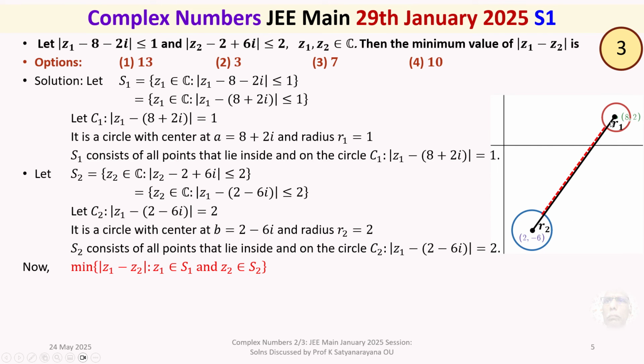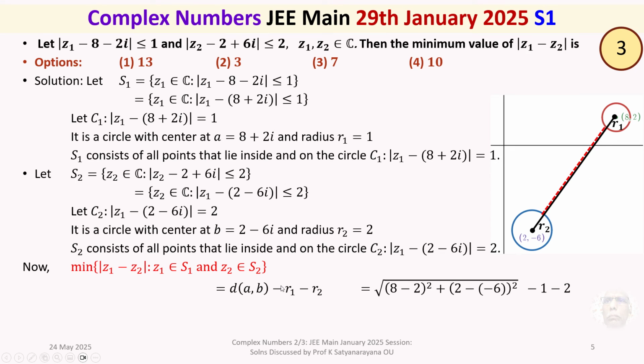That will be the minimum distance of Z1 and Z2. So Z1 coming from S1, Z2 coming from S2, the minimum distance is the dotted one, and that is equal to the distance between A and B, where A is (8, 2) and B is (2, -6), minus R1 minus R2.